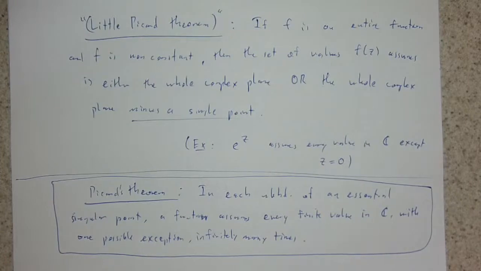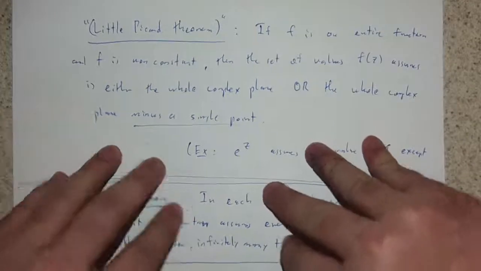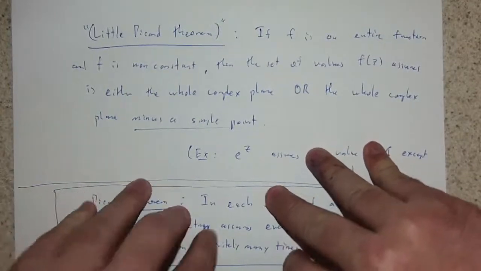Now we're almost ready to move on and apply this stuff. But this should give us some sense that essential singularities are nastier and harder to deal with. The behavior of the function is much more erratic.